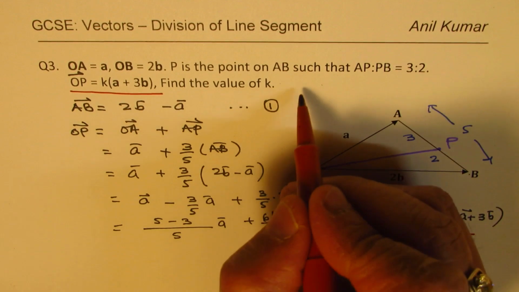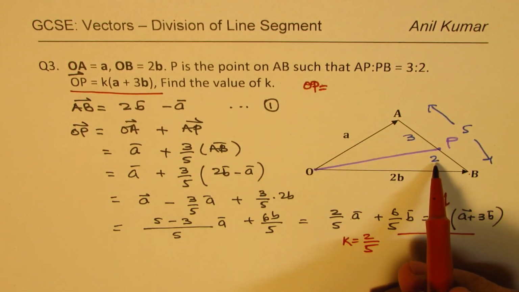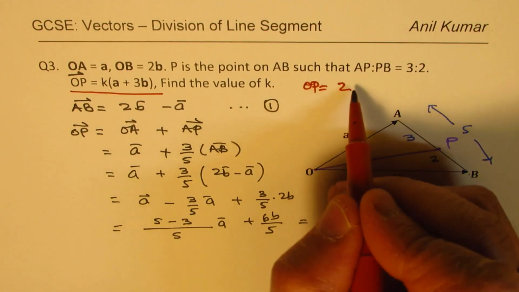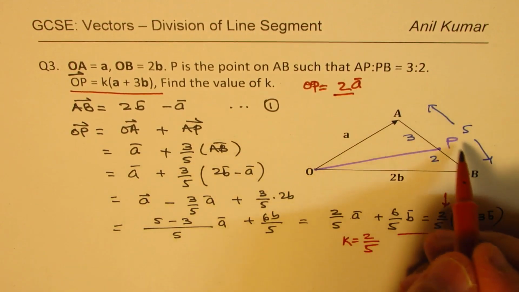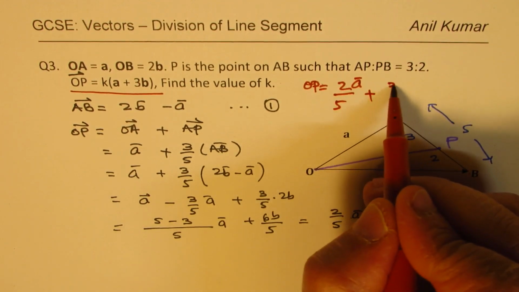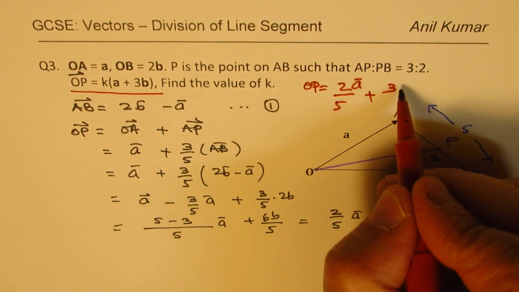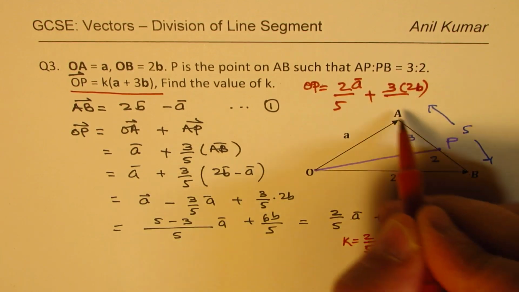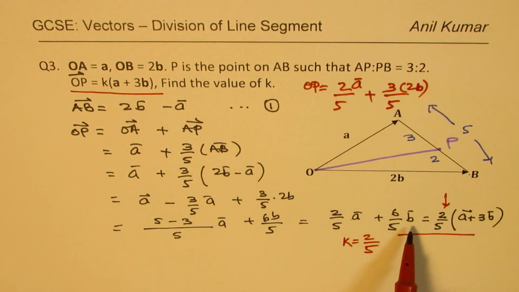For example, I could have written here OP directly as 2 times the vector A, 2 times divided by 5, the total line segment, plus 3 times this vector, which is 2B, 2B divided by 5, the length. And that is what the result is. So if you know the formula, you could go direct. This helps in multiple choice questions, right? Or if you're doing a bigger question, which we'll take up in part 2, we'll directly use the formula and get the result. I hope that makes sense.